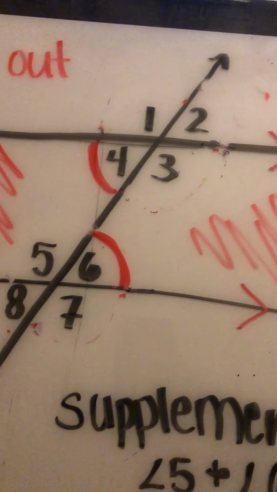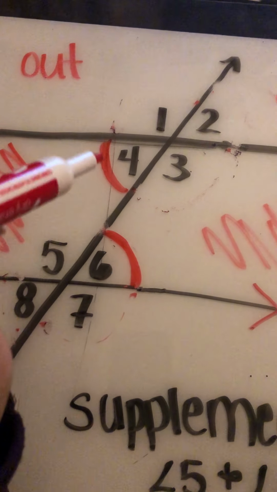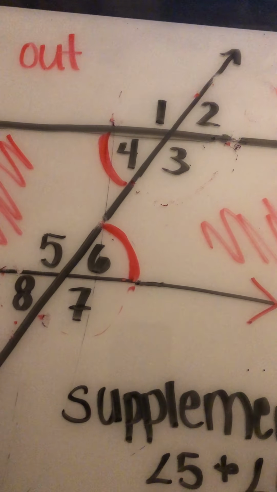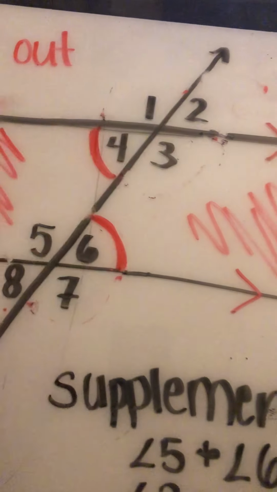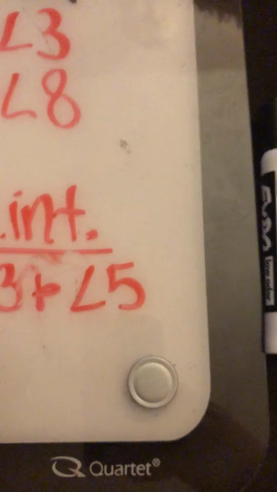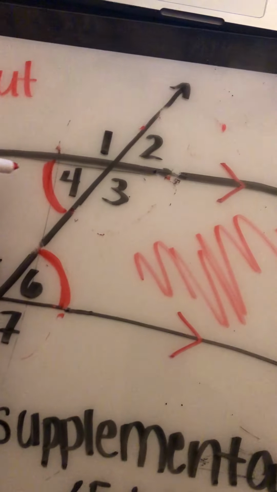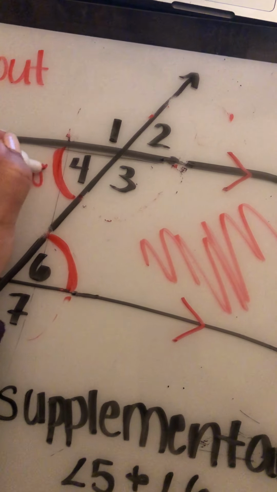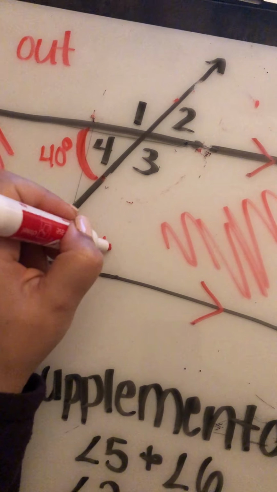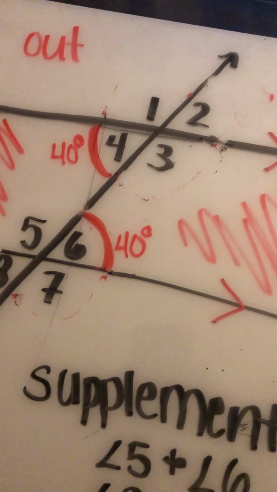So its alternate interior would be 6. Okay, so 4 and 6 are alternate interior, and 5 and 3 are alternate interior. Okay, those are also equal in measure. So if I told you that angle 4 is 40 degrees, then angle 6 is also 40 degrees.